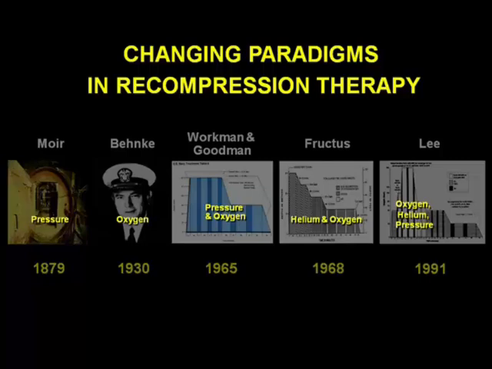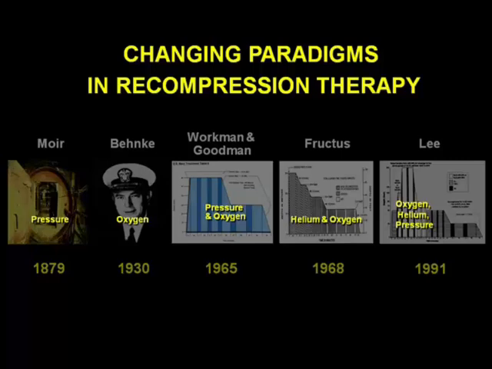But it was only in 1930 that Alfred Behnke, a captain in the United States Navy, started including the use of oxygen in the treatment of decompression illness. Until that time, oxygen, and certainly in compressed cylinders, was relatively rare, and it was largely due to the technological advances propagated by the First World War, subsequent developments, and in preparation for the Second World War, that many of the advances in technology occurred that subsequently would make it possible to treat divers in a recompression environment using compressed oxygen.